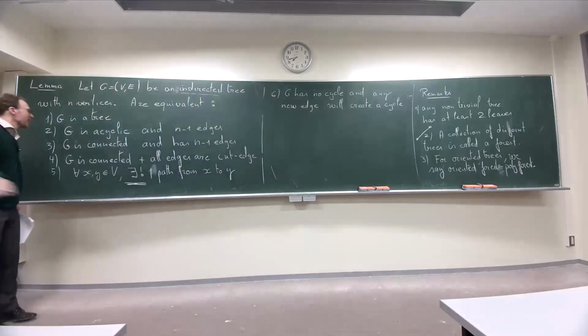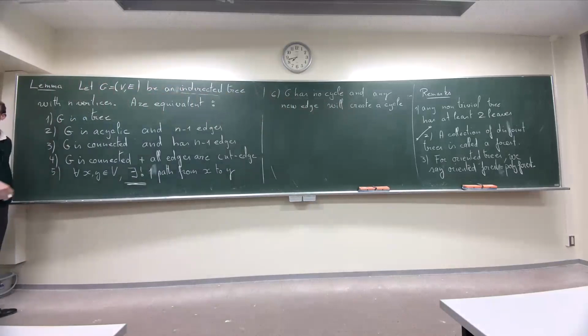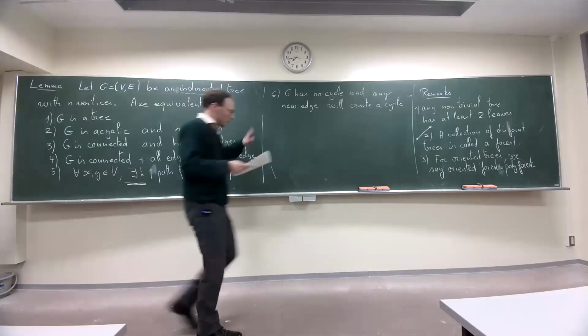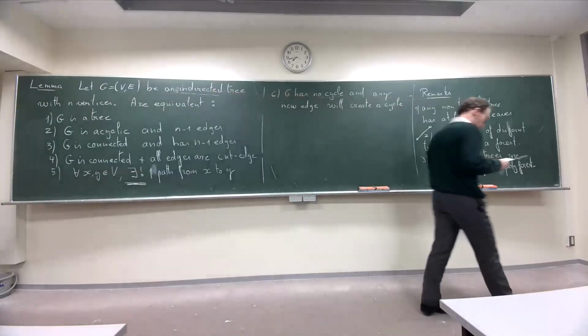So what this statement says is that all these descriptions of a tree are equivalent. But if you want to work on this, you have to prove it. First you check on a picture that it seems correct, but this is not sufficient. So if somebody wants to work on this, I would be happy.